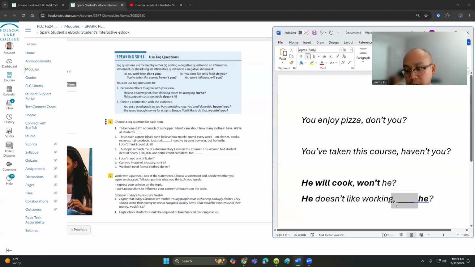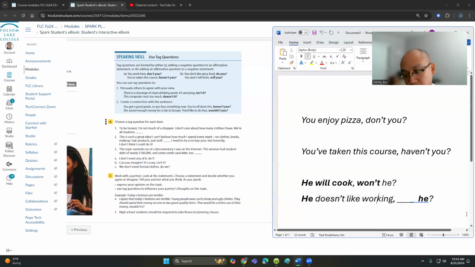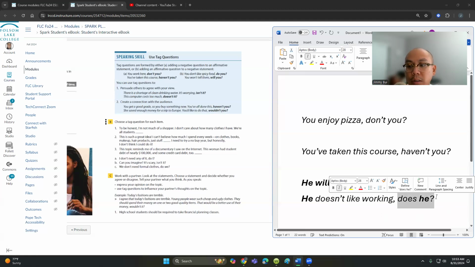This is negative, so this has to be positive. This is negative, in what tense? Doesn't is the simple present. So we're going to make this simple present positive, does he? He doesn't like working, does he? Okay. Of course, we ask this part to whomever we're talking to, to say, hey, you agree with that, right?